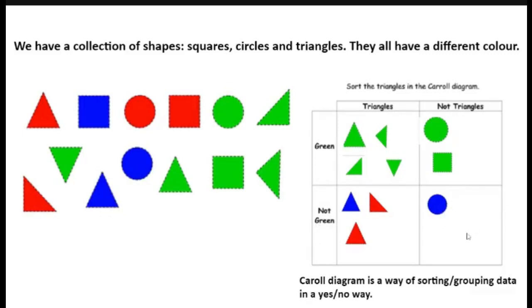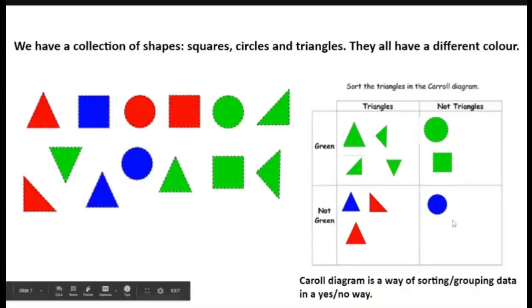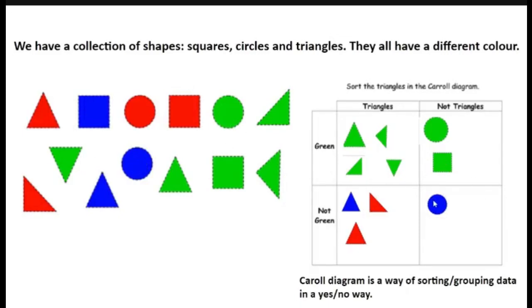No triangles and no green color here in the square. So let's look at the shapes. We have blue circle, so it's not triangle, it's a circle, and it's not green, so we can put it here. Then again, we have red circle.